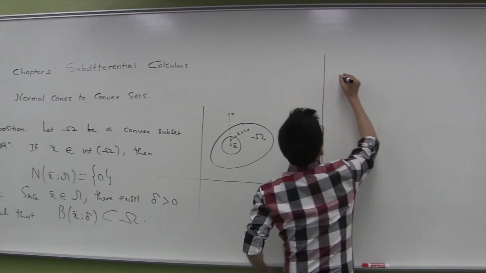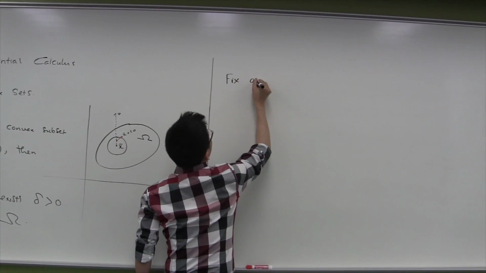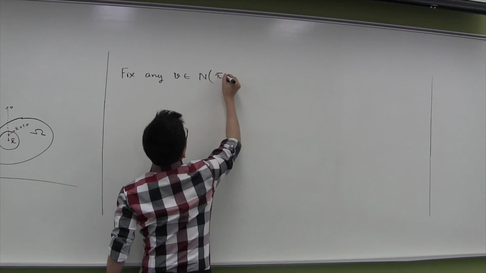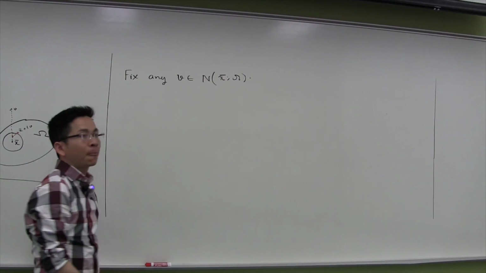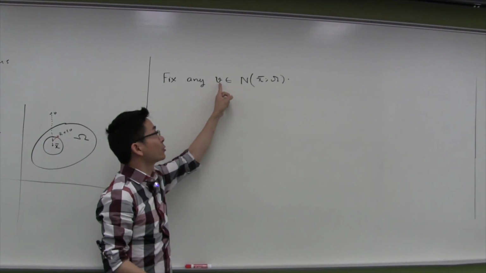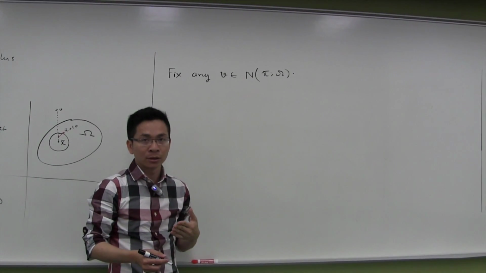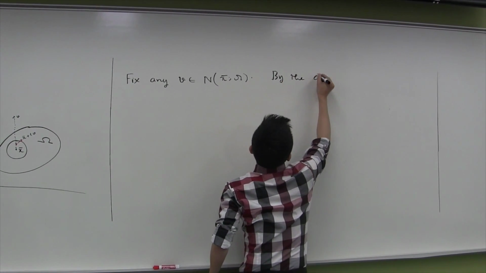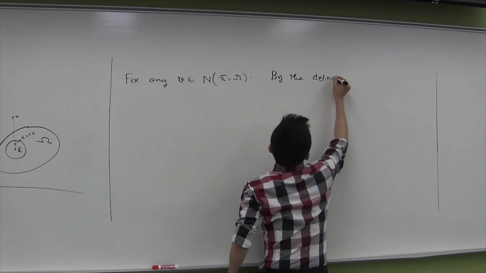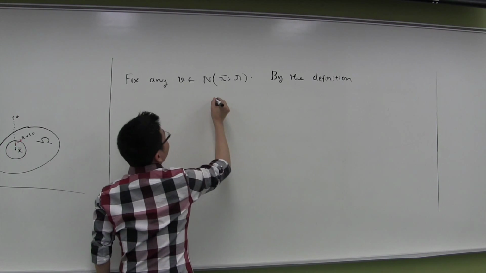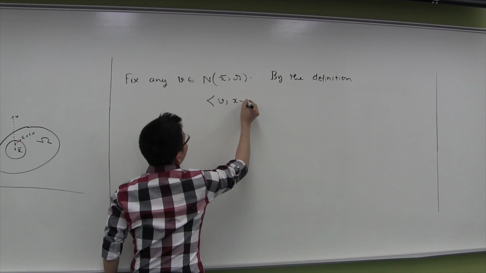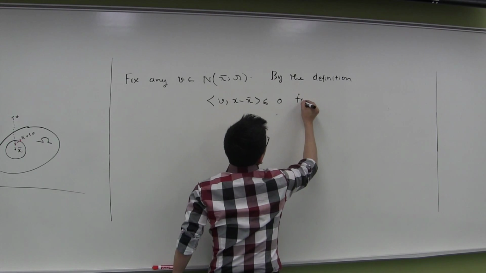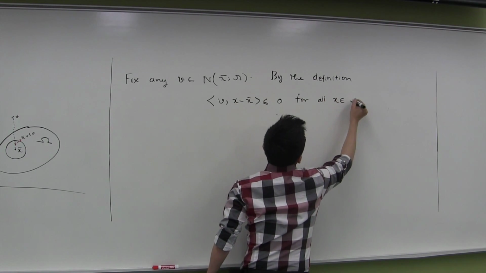Now we're gonna fix any v in the normal cone to omega at x bar, and we're gonna show that v is equal to 0. Okay, so by the definition, the inner product between v and x minus x bar is always less than or equal to 0 for all x in omega.